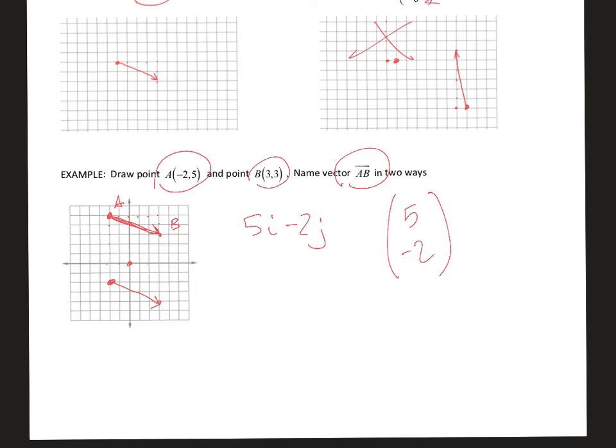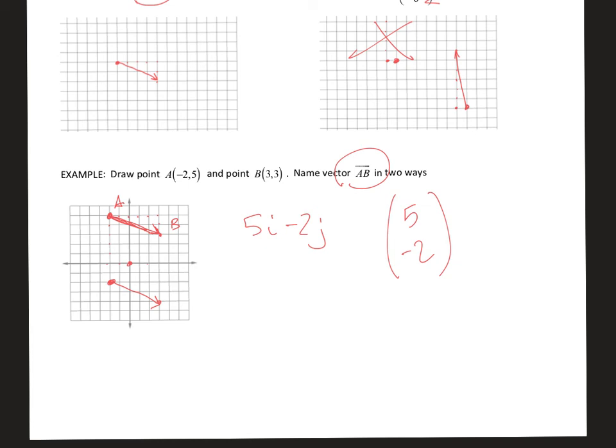What if, I'm just playing devil's advocate here, these numbers were really gigantic and really far apart, and I didn't want to have to graph them? Is there a way to name this exact same vector without graph paper, if I only had the 2 ordered pairs?